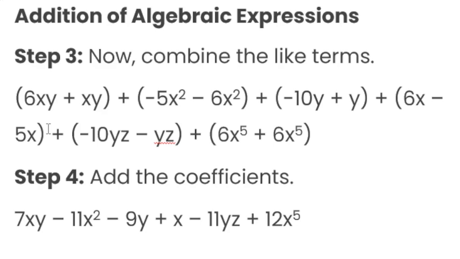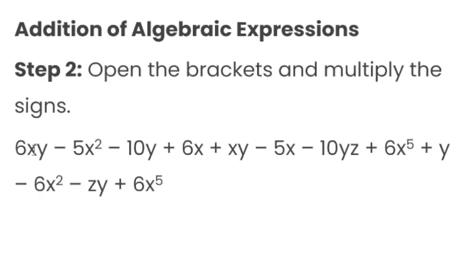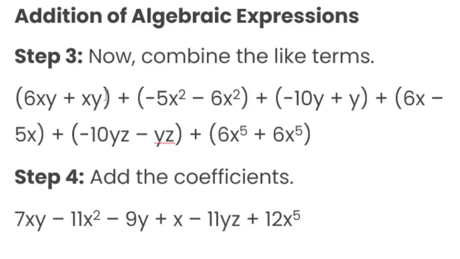If you go back to the same one, you will see 6xy and xy right there. So this is what I did. I brought the 6xy and the xy together and put the parentheses around them. The same way with the other ones.